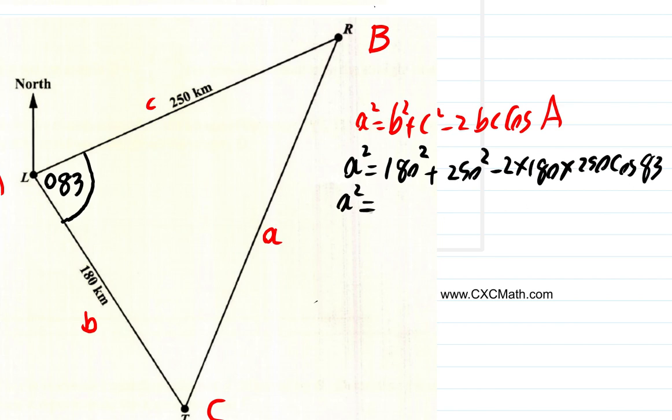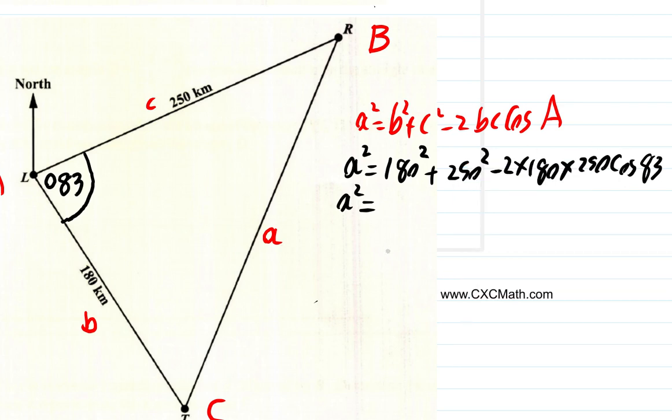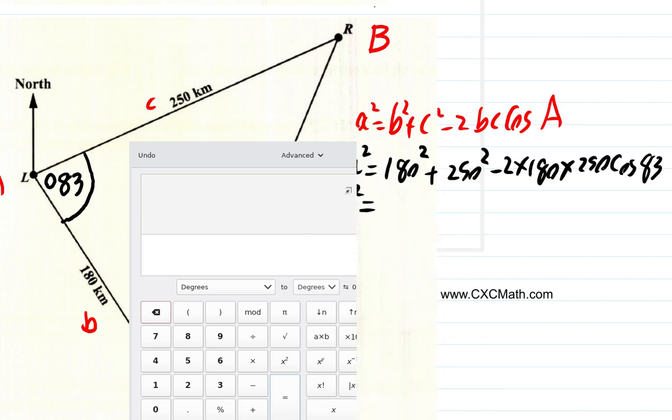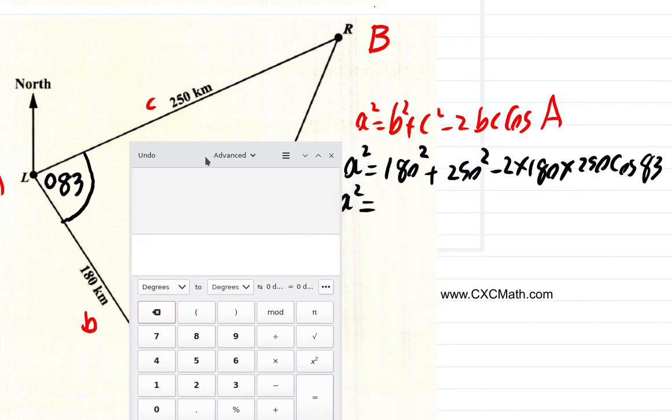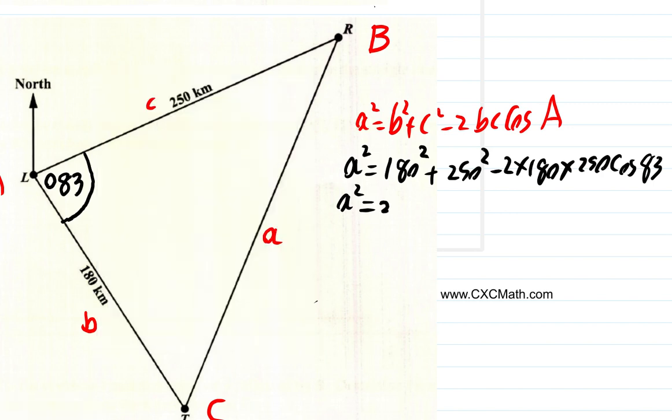So A squared equal, let's do the calculations here. We have our calculator right here. Alright, that big calculator, let us make it smaller. So 180 squared is 32,400, 32,400 plus 250 squared.